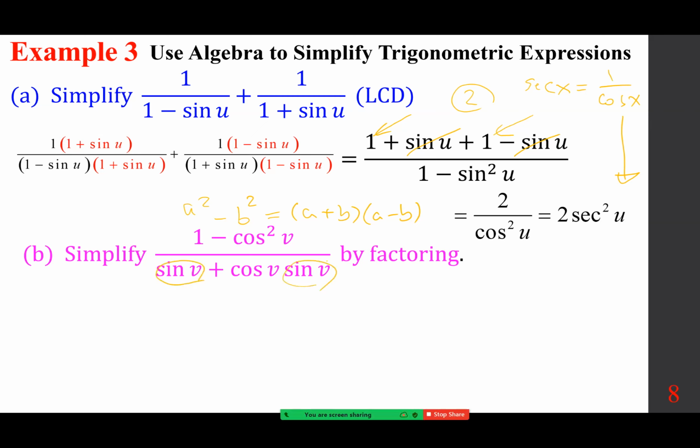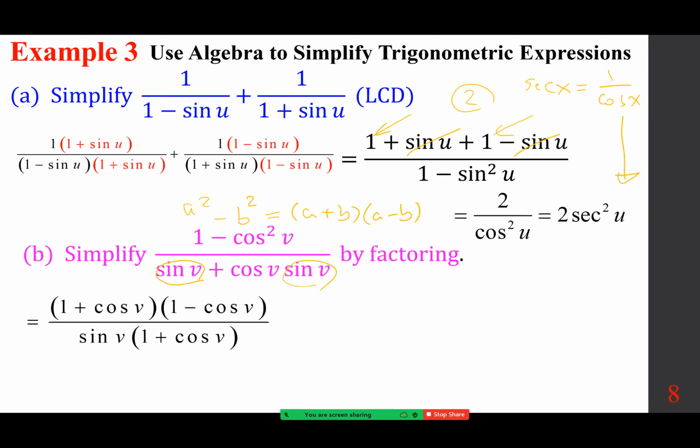We can take it out. When we do this, 1 plus cosine v from the top and the bottom cancel each other.